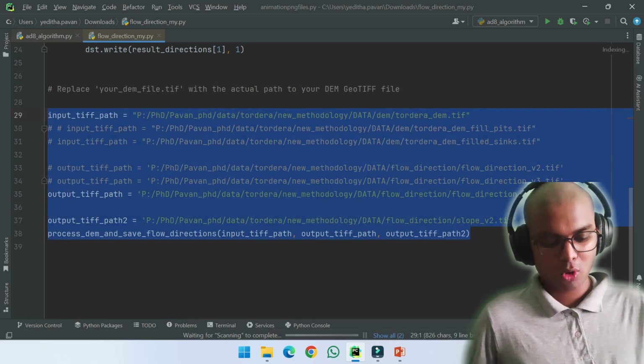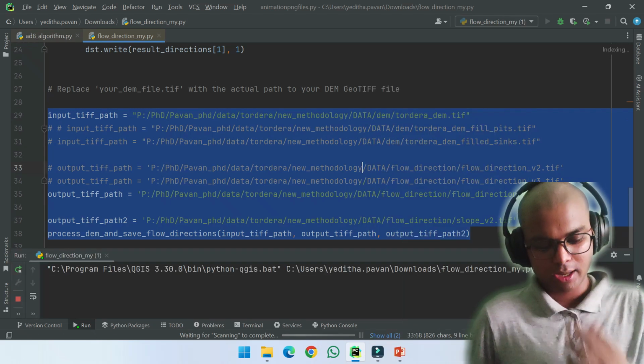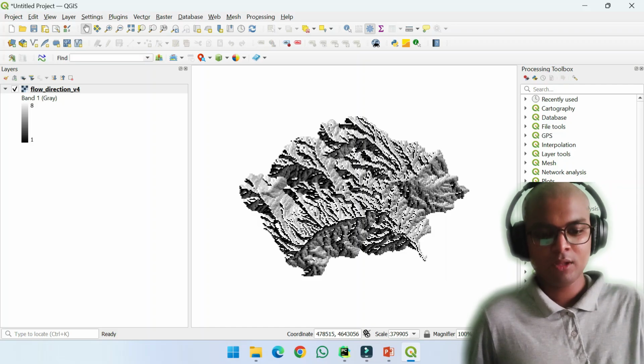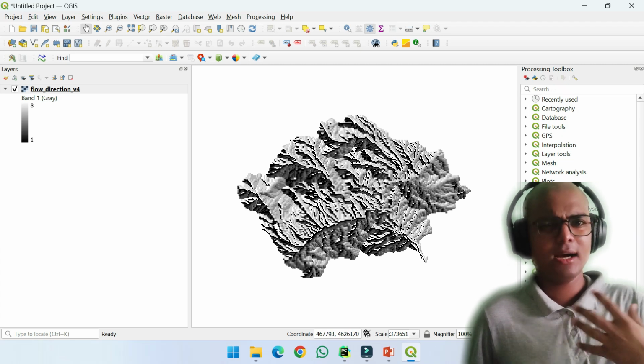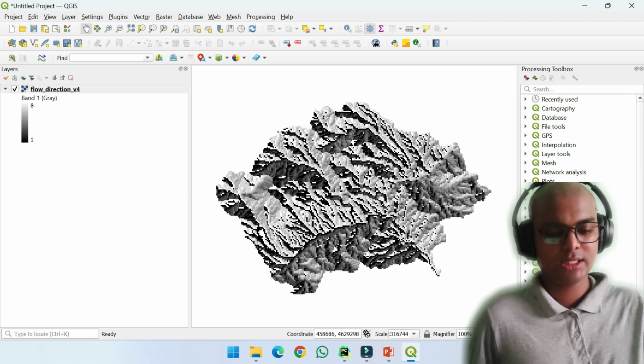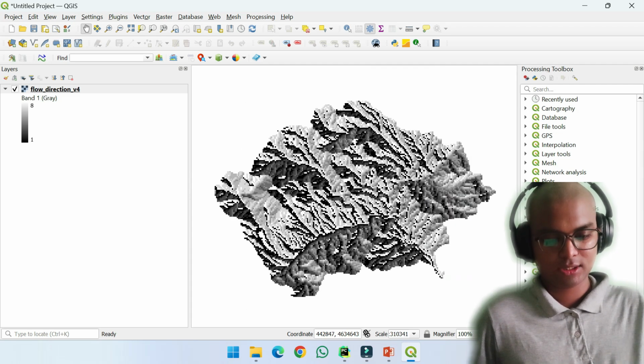If we go and open, I've already run the data, I can run it again, and if we open QGIS here, so if we see here, this is the result we are getting. This is a basin of my study area which I'm working on. So I've just used this basin's DEM to get the result, and as you can see here, these are the 8 directions in which it is showing that the water is flowing.